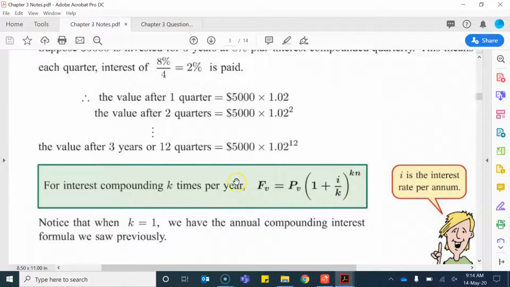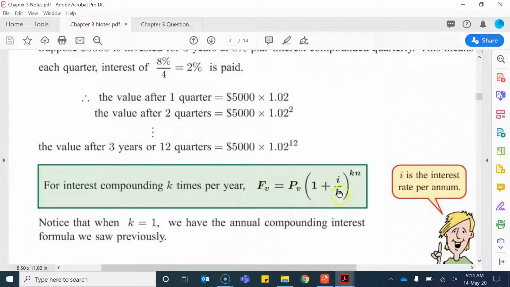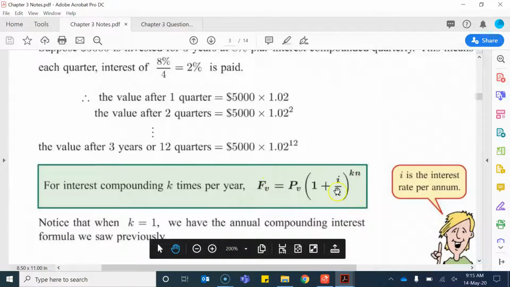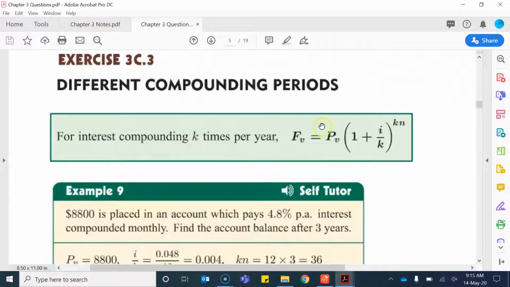So in our previous examples, where the interest was just compounded yearly, you'll notice if this k was 1, that means that the compounding interest only happened once a year, then that would give us that original formula we're using. So the only addition now is this k, and the k relates to how many times the interest is compounded per year.